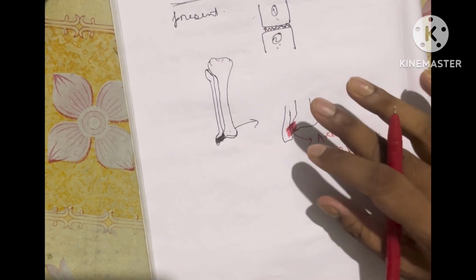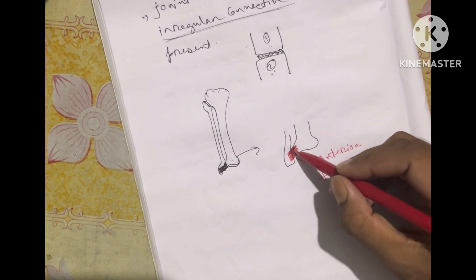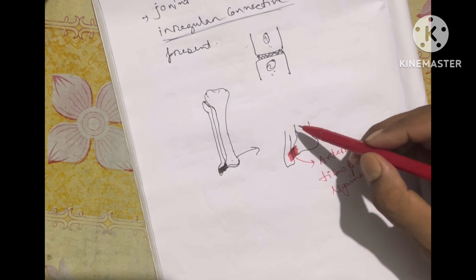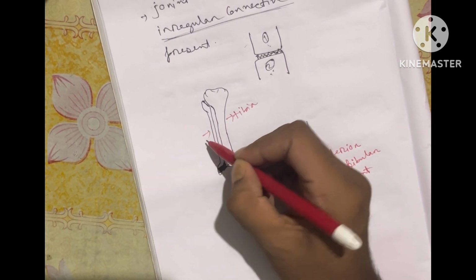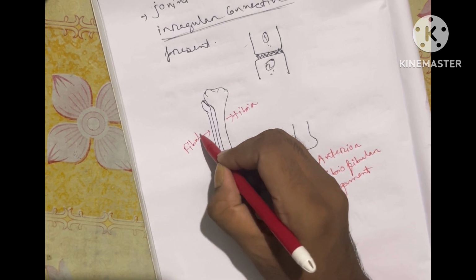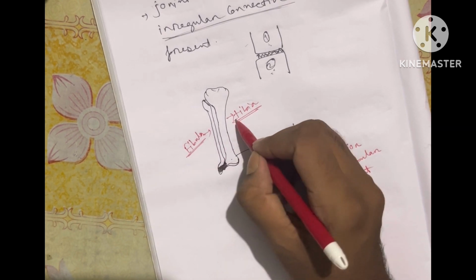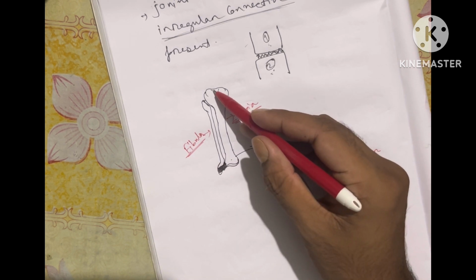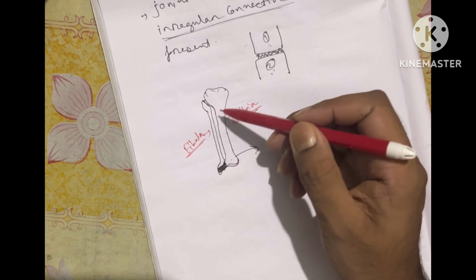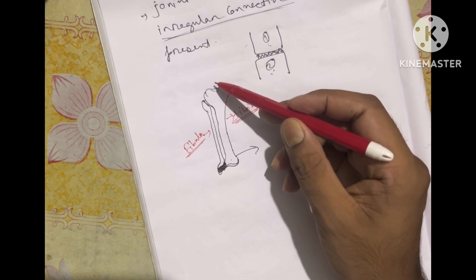So I'm going a little deeper about this kind of syndesmosis. We know this is our tibia and this is the fibula. These two bones we can find in our lower limbs, just inferior to our knees, inferior to our femur.